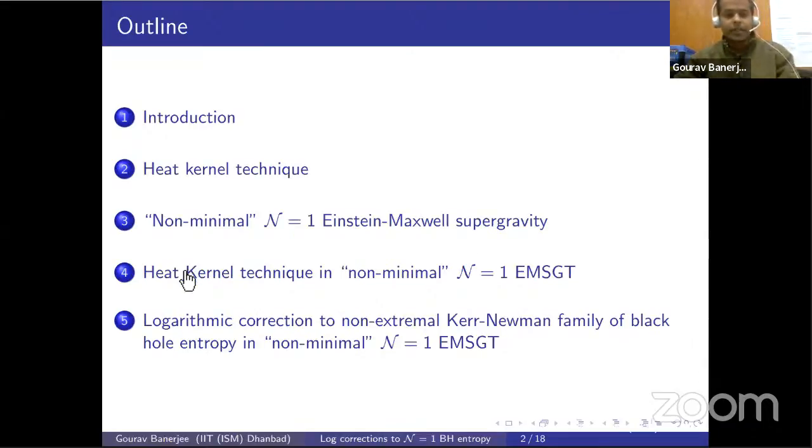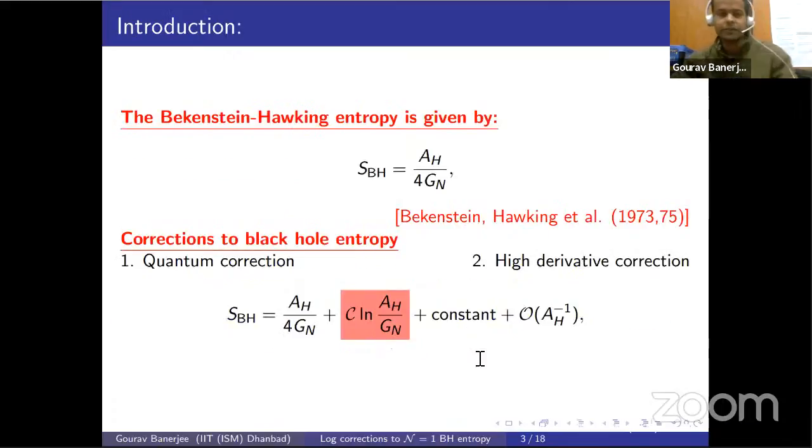And then we will apply the heat kernel technique to this theory and compute some fundamental heat kernel coefficients, and a particular coefficient will be used to determine the logarithmic correction of the non-extremal Kerr-Newman family of black holes in non-minimal N=1 Einstein-Maxwell supergravity theory. So let's begin the talk.